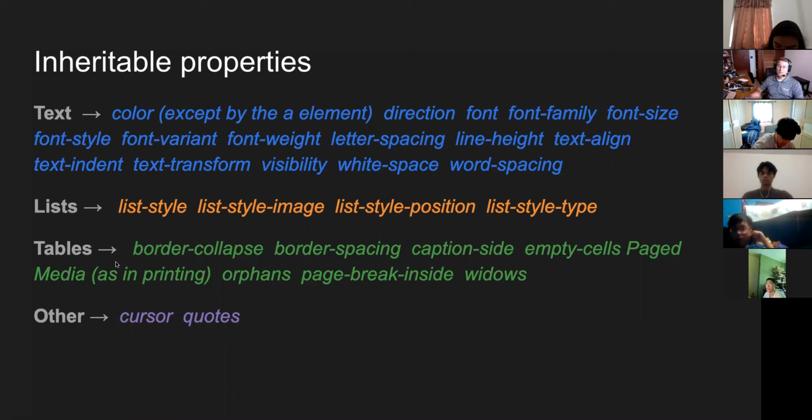We haven't gotten into table tags yet, but these table elements are also inheritable: border, border collapse, border spacing, caption side, empty cells, page, media, orphans, and so forth. And then, of course, you have other properties, which are cursors and quotes. Those are inheritable. This is a good list for you to keep in mind when you're using CSS, knowing what is inheritable by default.